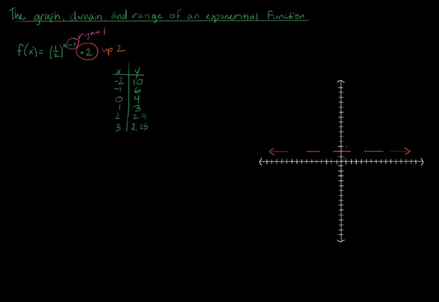So if we go ahead and graph these points, we have -2, positive 10, so 1, 2, 3, 4, 5, 6, 7, 8, 9, 10, and then -1, 6, and 0, 4, and then this is what we expected, 1, 3, and then 2, 2.5, and 3, 2.25.